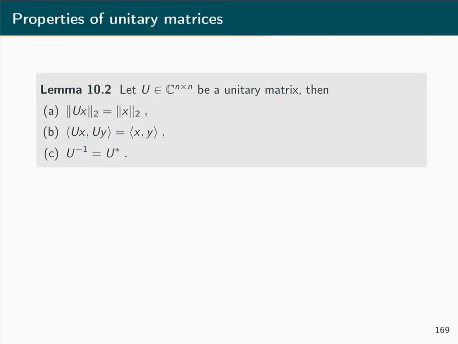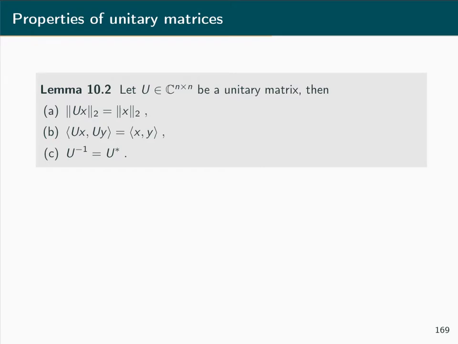For any unitary matrix U, we have the following basic properties stated in lemma 10.2. A, the 2 norm of U times a vector x is equal to the 2 norm of x, or one could say the 2 norm of an arbitrary vector x is invariant with respect to multiplication with a unitary matrix.